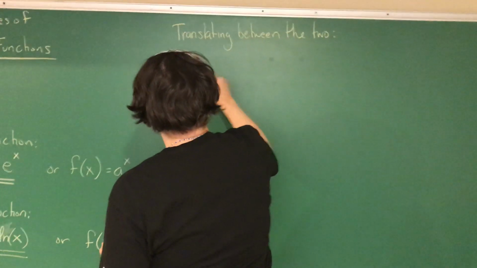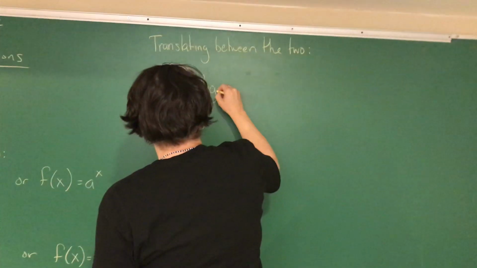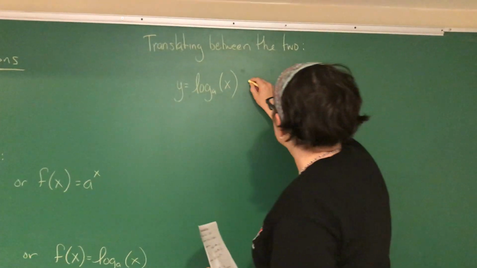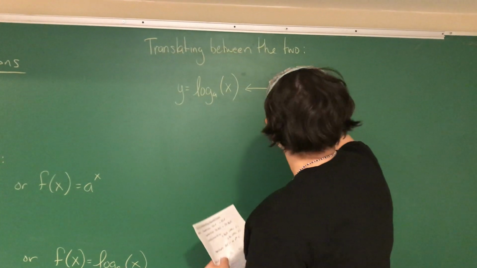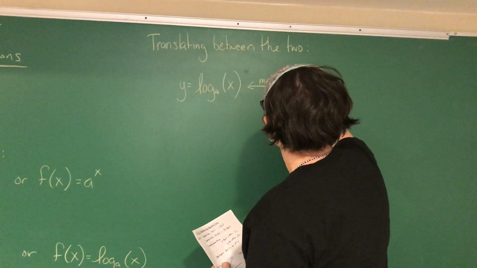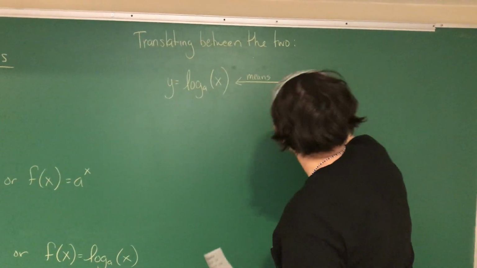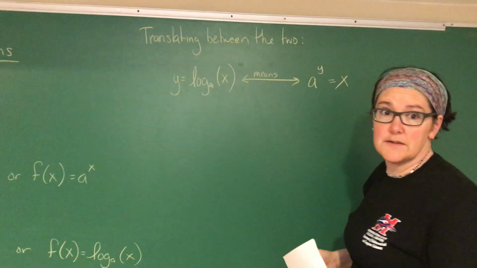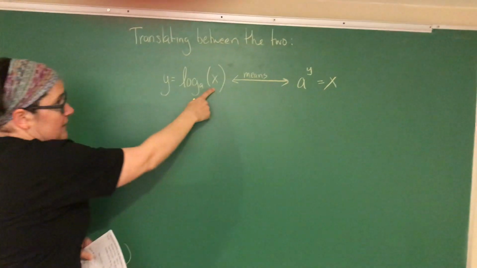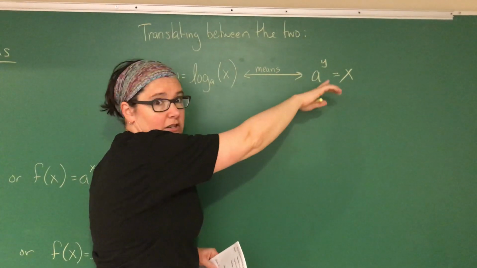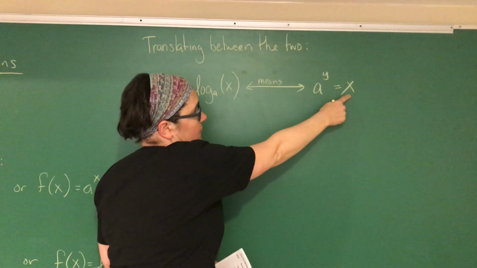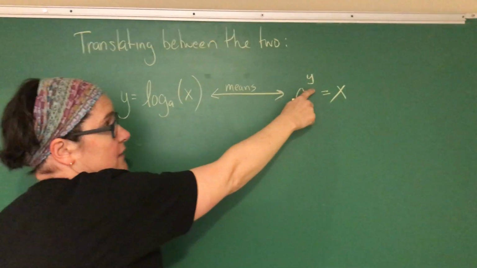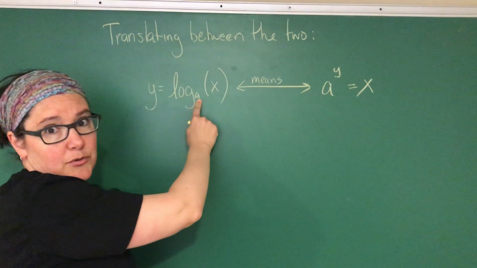So for example, if you have y equals log base a of x, this means the exact same thing as writing the base, which is a, raised to the y equals x. So the thing that's inside the parentheses in the translation into an exponential equation is the thing that's over here on the right side, and the thing that was by itself is the exponent on the base, which is that subscript right there.